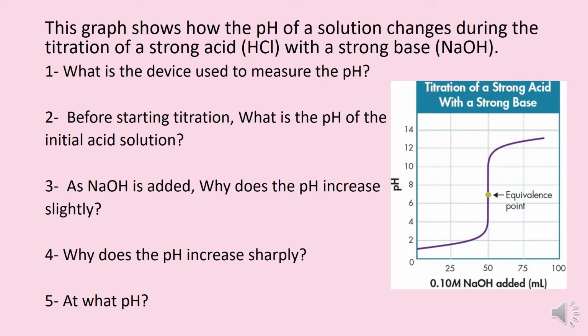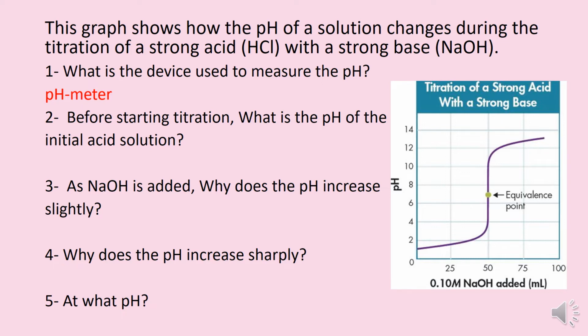Remember that in the previous lesson we explained two methods to measure the pH. The first method is the indicator that we use in titration. The second method, which helps us to draw the graph, is a device. What is it? It is the pH meter.